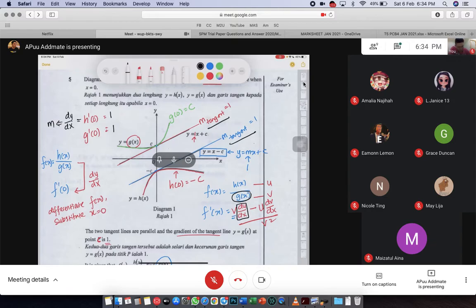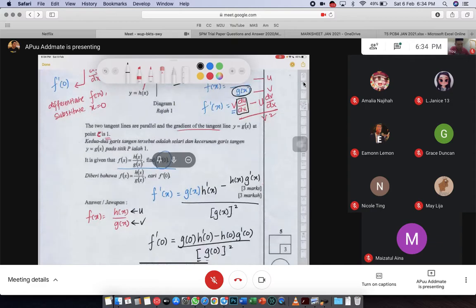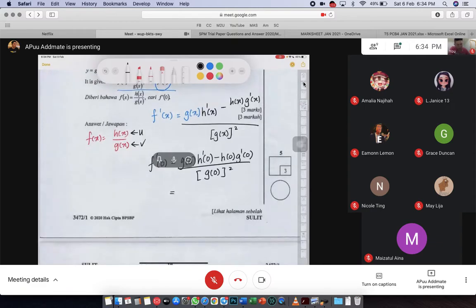Right now over here, what happened is that kita dah tahu dah. Nilai G0 is C, H0 is negative C, H prime 0 is 1, G prime 0 is 1. So kita ganti masuk dalam formula tadi. G0 tadi apa? C. Lepas tu H prime 0 tadi apa? 1. Lepas tu minus H0 is negative C. Lepas tu G prime 0 is 1.